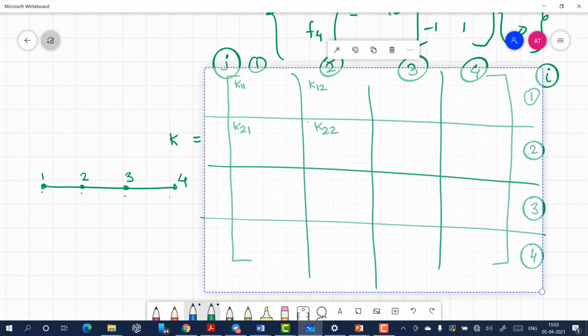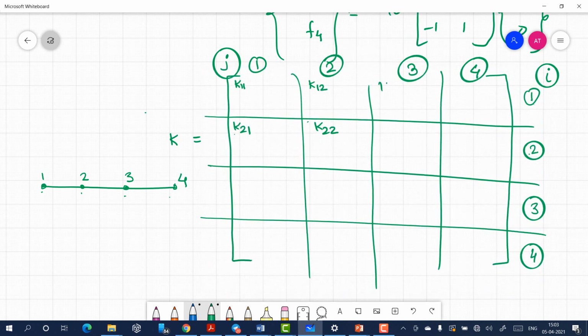So K11, K12, and then K13, K14, K23, K24, K31, K32, K33, K34, and so on. So K41, K42, K43, and K44. Okay. So these are the components of this stiffness matrix, and not all of them are available.